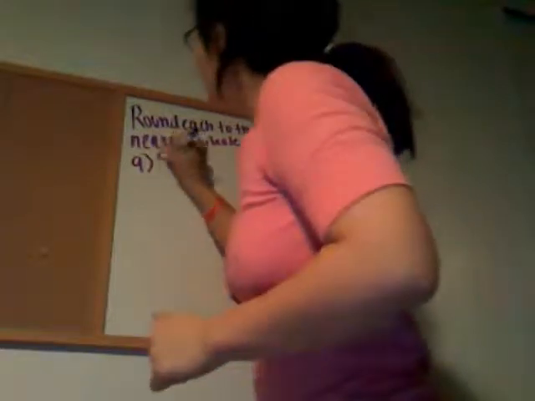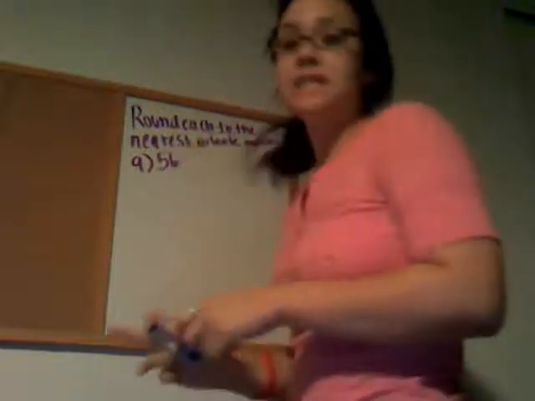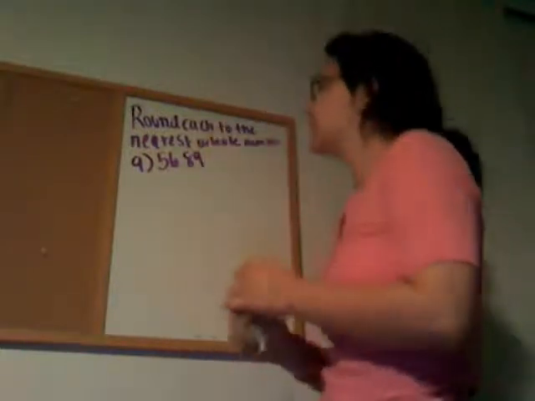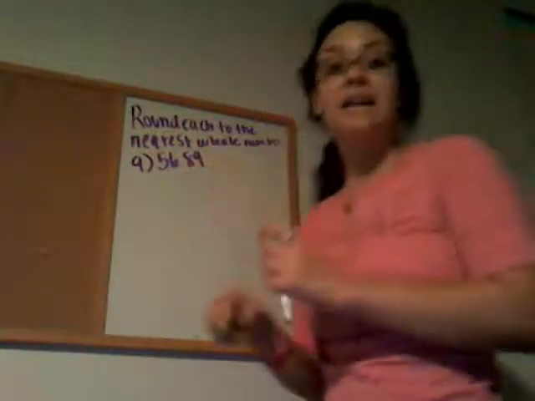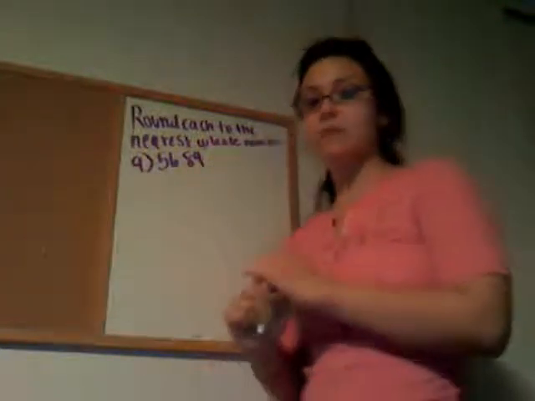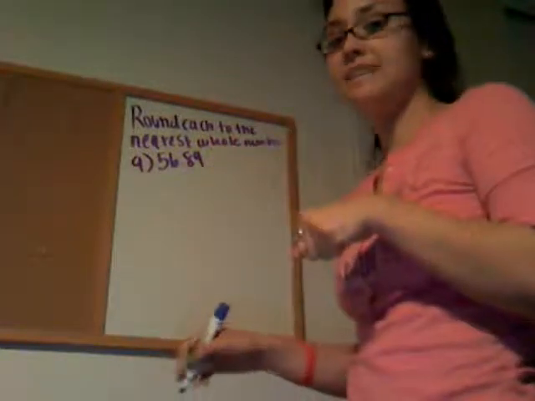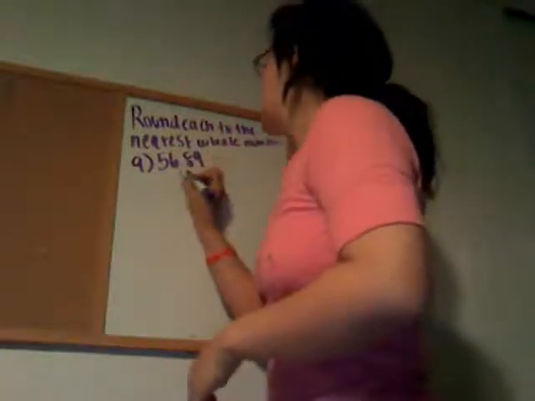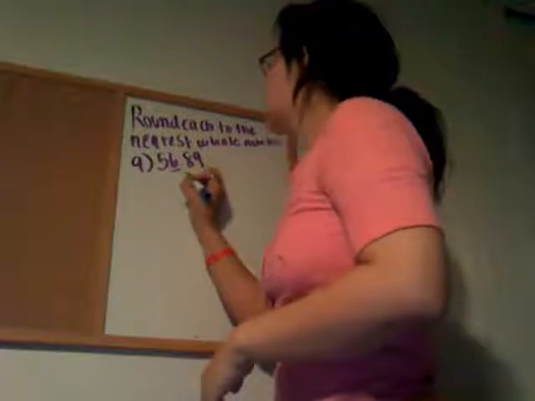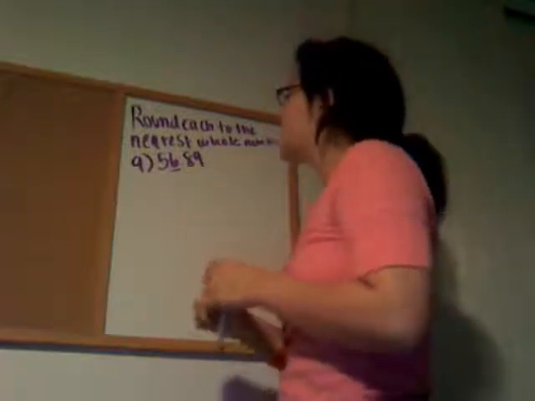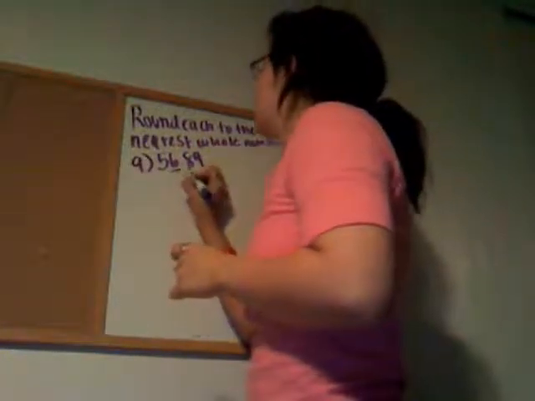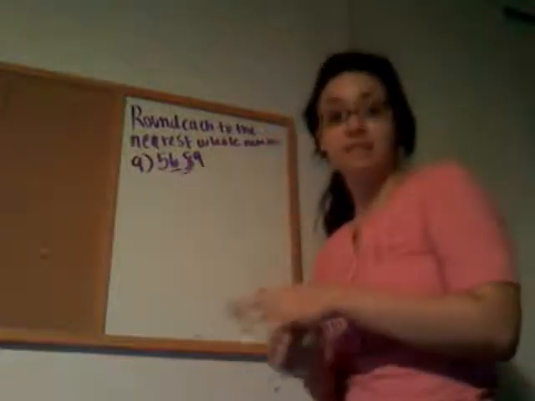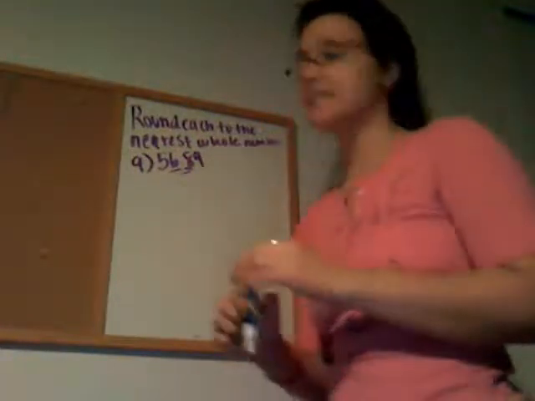So if I were to give you 56.89 and I was to tell you to round that to the nearest whole number, what number would you look at? You would actually look at this 6, and we look to the digit to the right of it, like it says on step 1, correct?